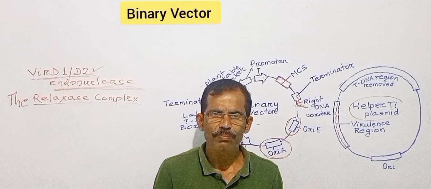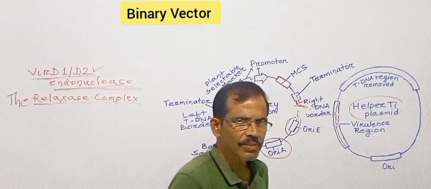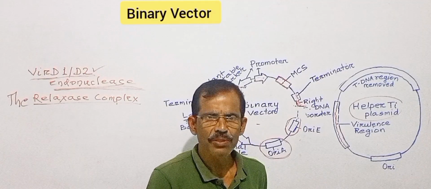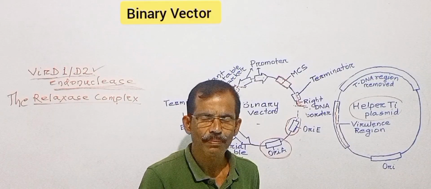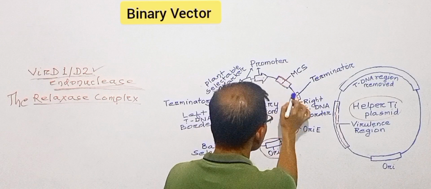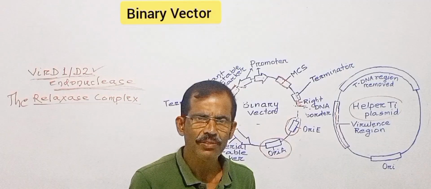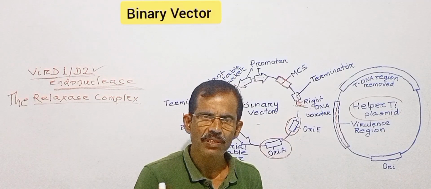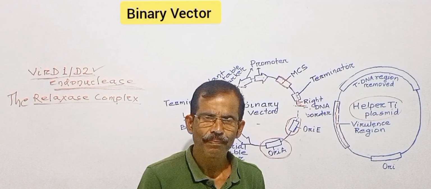It is because of the presence of the virulence region on the helper plasmid that infection occurs, but crown gall disease does not develop. This is due to the removal of tumor-inducing genes from the binary system. During the course of infection, this DNA segment, which contains the gene of interest, is transferred into the plant cell as a single-stranded DNA molecule known as T-strand through a specialized type 4 secretion system.